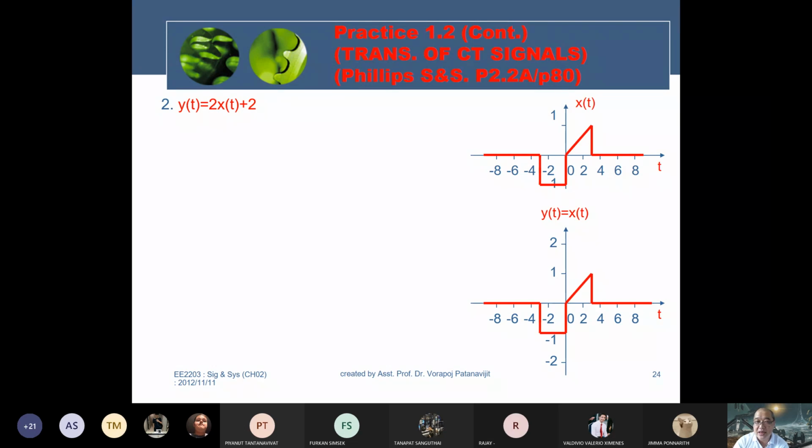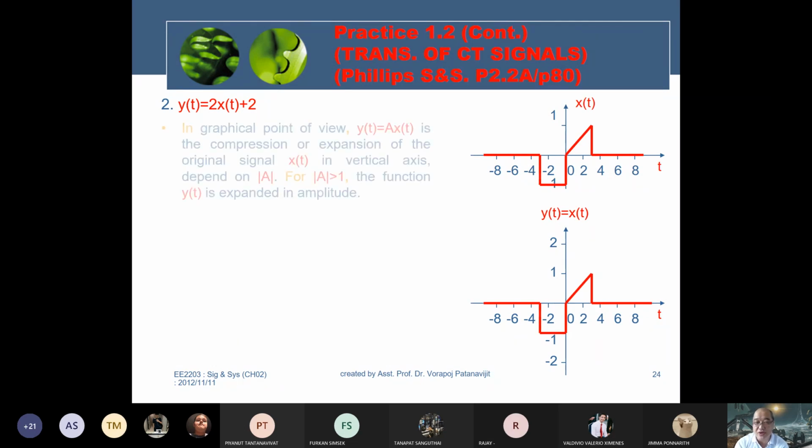It has both amplitude scaling and amplitude shifting. You must take the amplitude scaling first. In the graphical point of view, y(t) = 2x(t) is the compressed or expanded version of the original signal x(t) in the vertical axis, depending on absolute a. In this case a = 2, therefore a is greater than 1 and the function y(t) is expanded in amplitude.